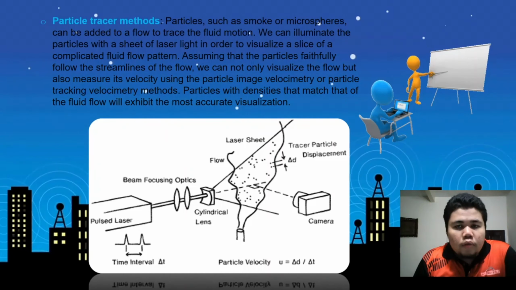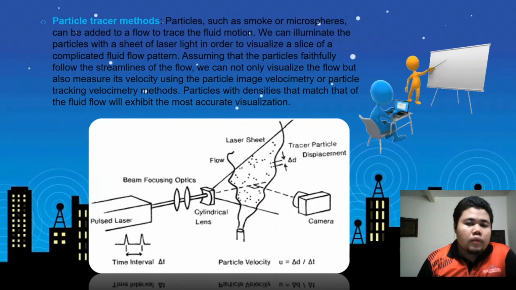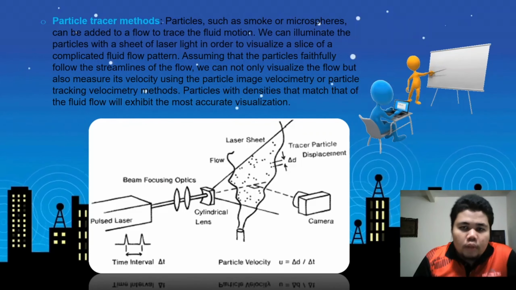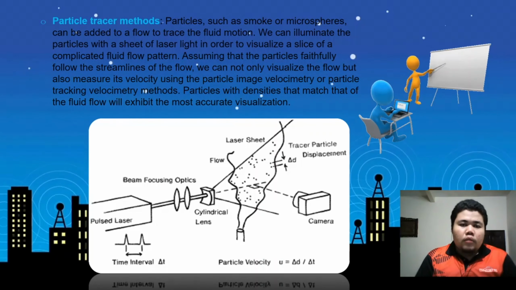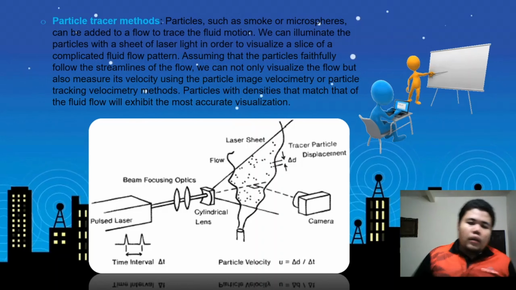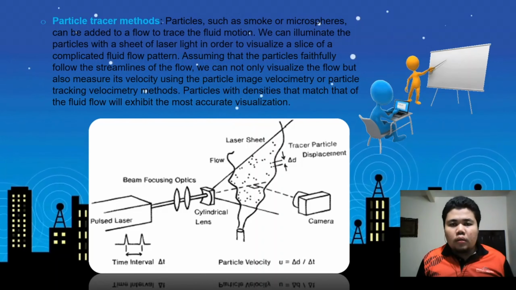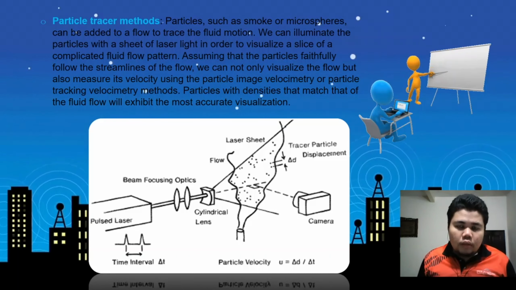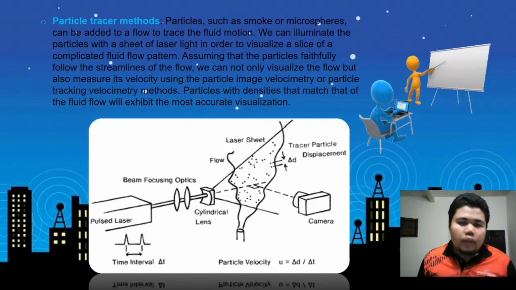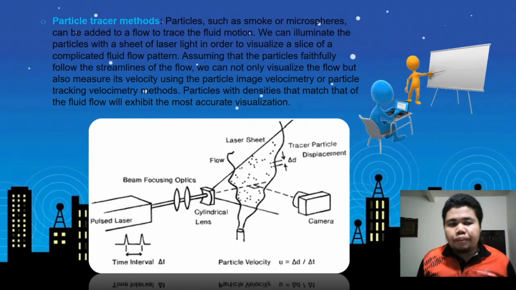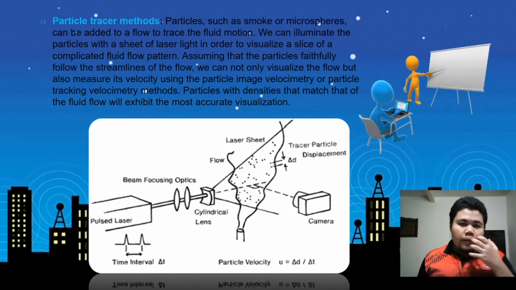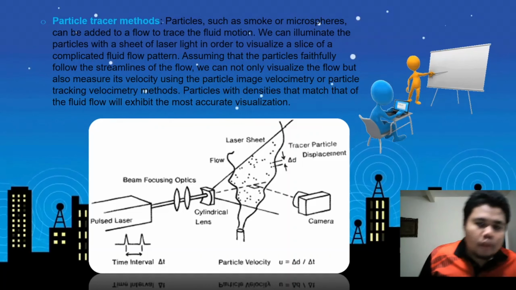We can not only visualize the flow, but also measure the velocity using particle image velocimetry or particle tracking velocimetry. So we can not just see the pattern of the fluid, we can also measure it using this method.